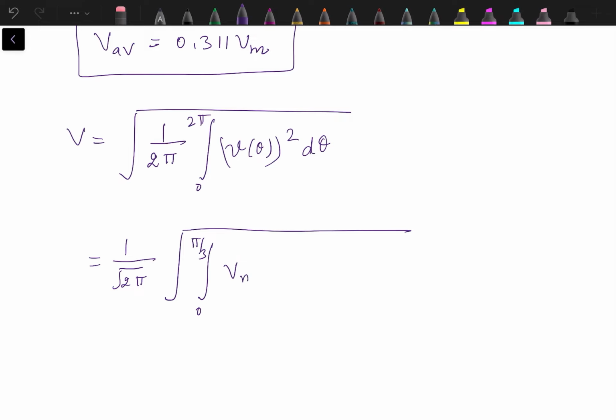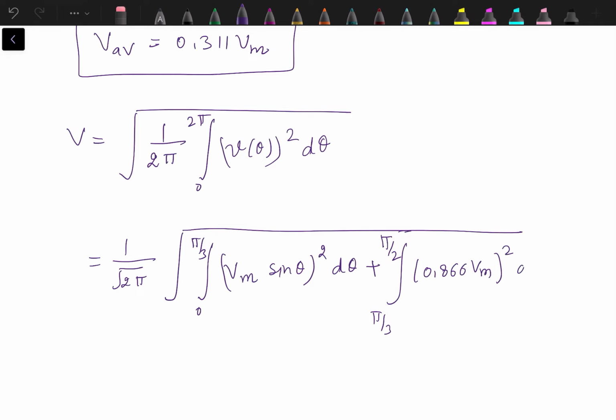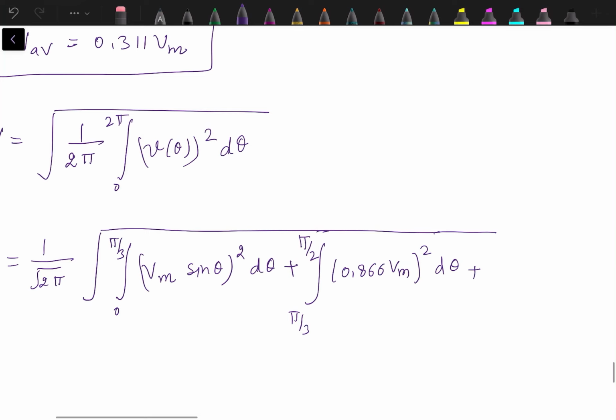Voltage is Vm sine theta square into d theta. From pi by 3 to pi by 2, it's 0.866 Vm square into d theta, plus from pi by 2 to pi again Vm sine theta square into d theta.